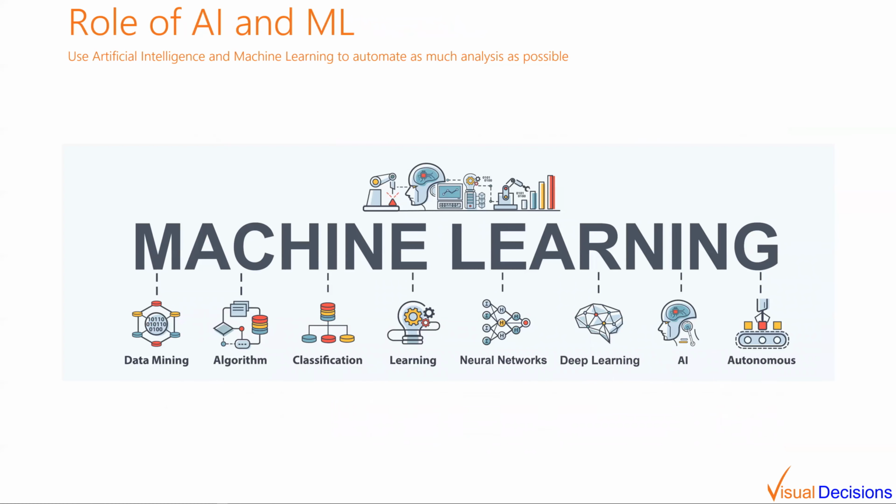When we look at the role of artificial intelligence and machine learning, there are a lot of different capabilities there: data mining, so that we can uncover patterns and opportunities, and classification systems that are going to help us ascribe different tendencies or categories to different instances.